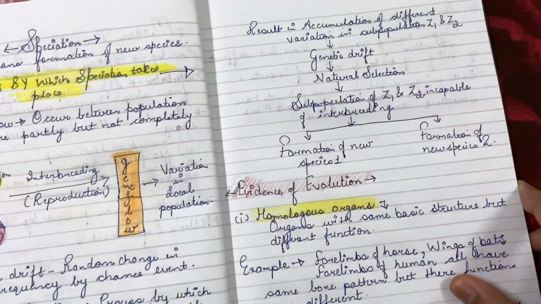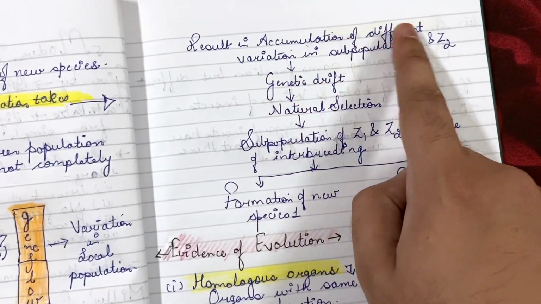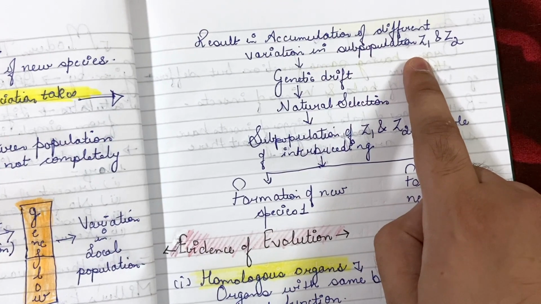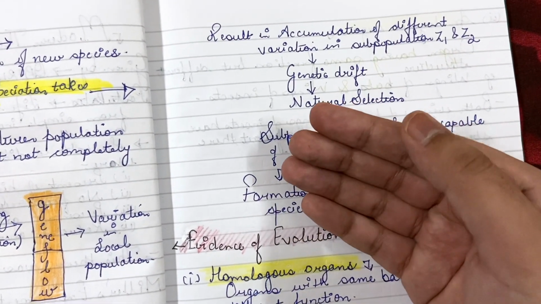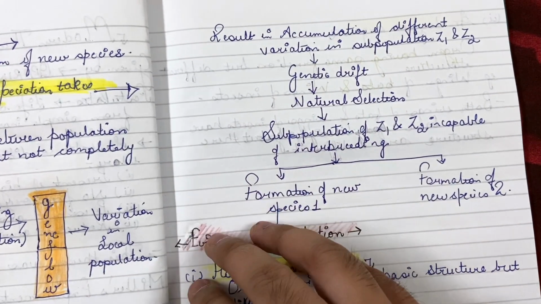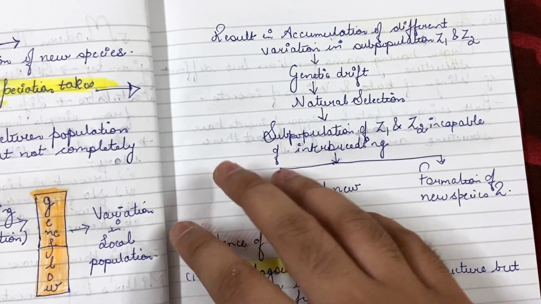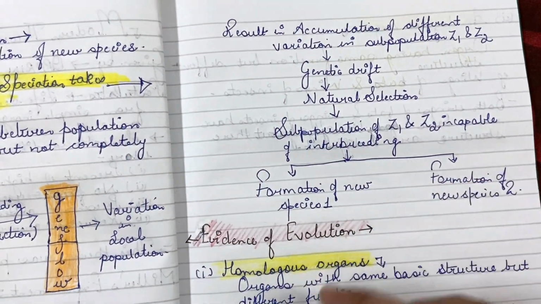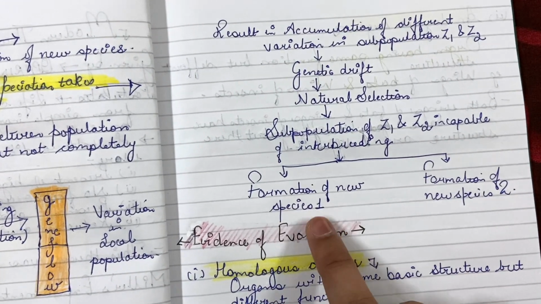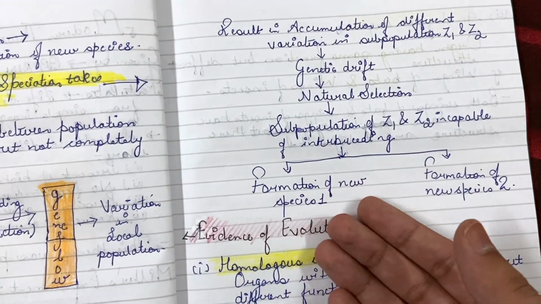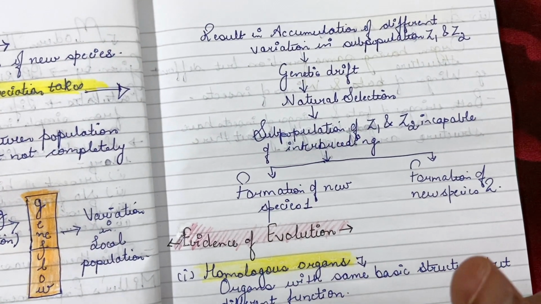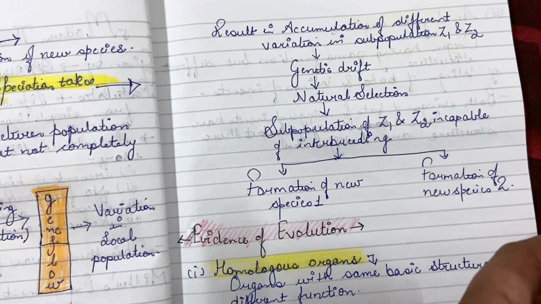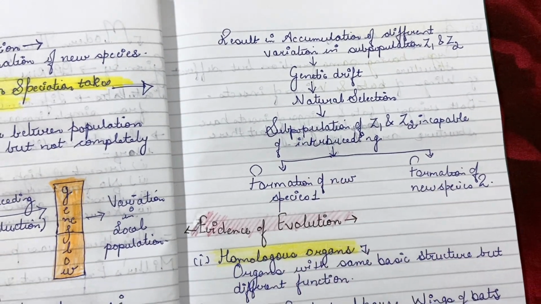This will lead to accumulation of variation in Z1 and Z2 because they are separated by the mountain. Due to accumulation of variation, there would be so much effect of variation that at one point of time, a new species would be formed.